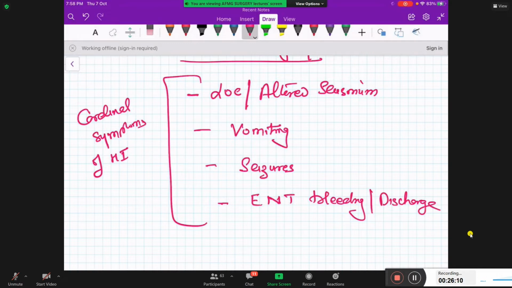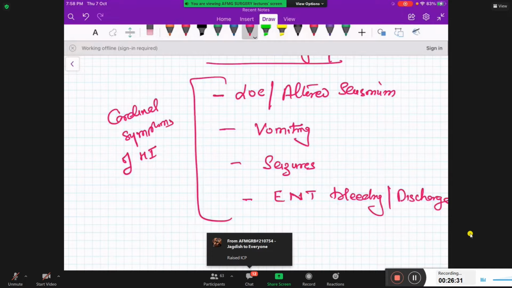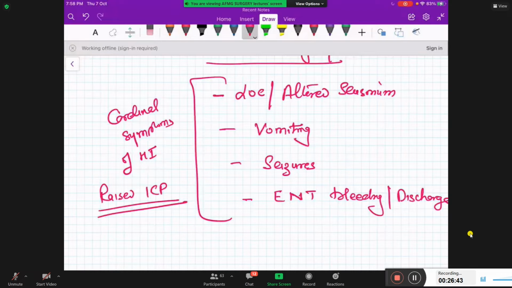Okay, now can anyone tell me why these things are happening? What is the reason for these things in a head injury? Why is the patient vomiting? Why is the patient developing seizures? So the major reason for all these symptoms of a patient of head injury is raised intracranial pressure, and because of raised intracranial pressure, the patient is coming to us with these symptoms.